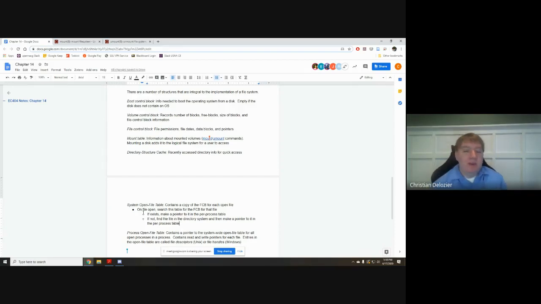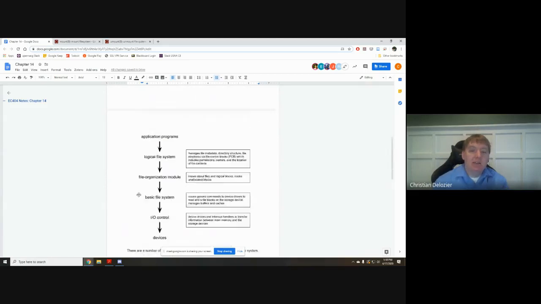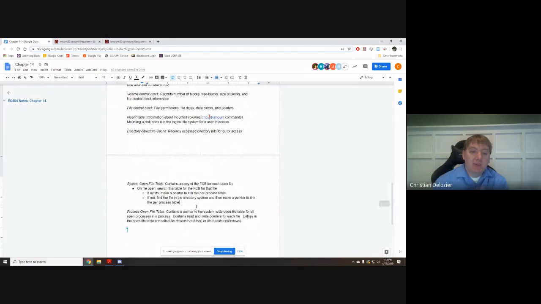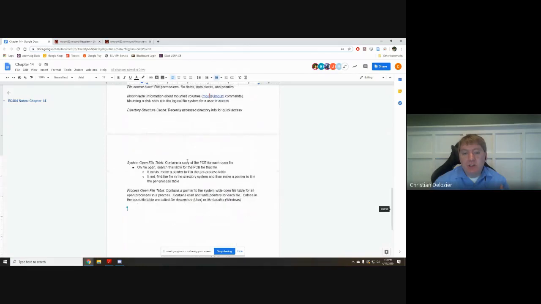And this way we're able to maintain this system-wide mapping and keep the information about the logical file system, and any information we need to know for the file organization module, in the system open file table. So the logical information is maintained once. All the permission stuff, we don't have to replicate for every single process.